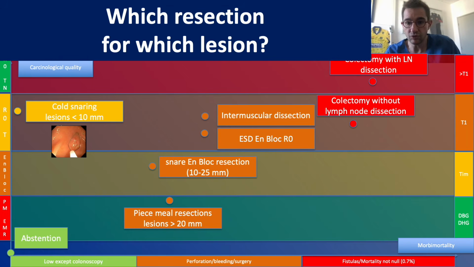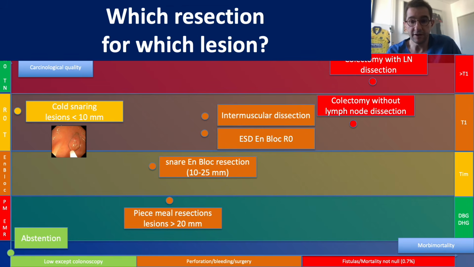For all the lesions with no risk of T1 cancer, you should use snaring, and cold snaring for lesions under 10 millimeters, en bloc snaring for lesions between 10 and 25 millimeters using underwater EMR or tipping EMR, for example.